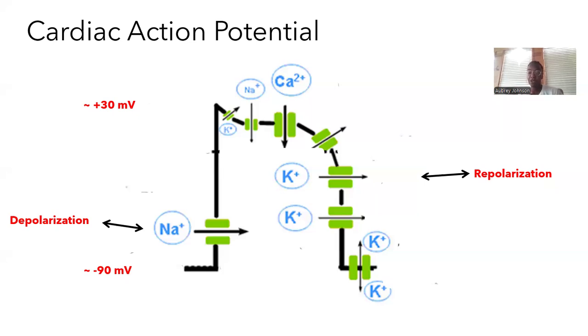And the ion responsible for that relaxation is potassium. So potassium has to leave the cell in order for the cell to get back to its negative resting membrane potential. So that leaves the cell and brings our millivoltage down to -90.